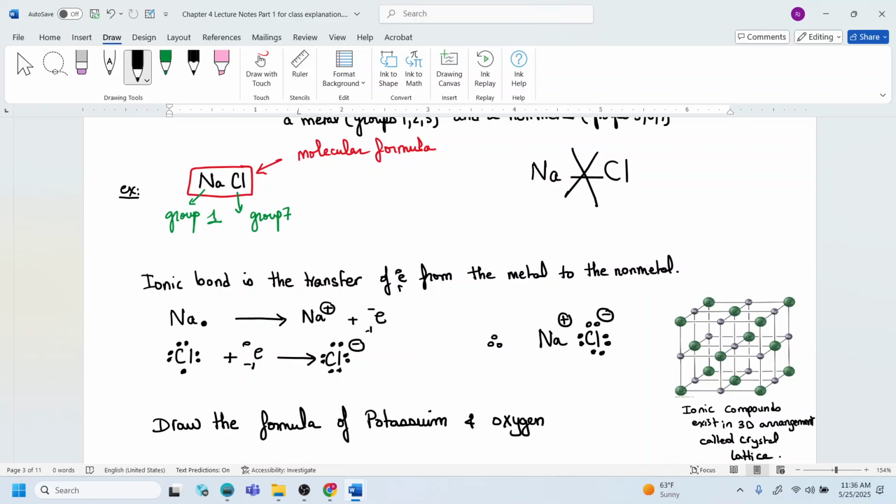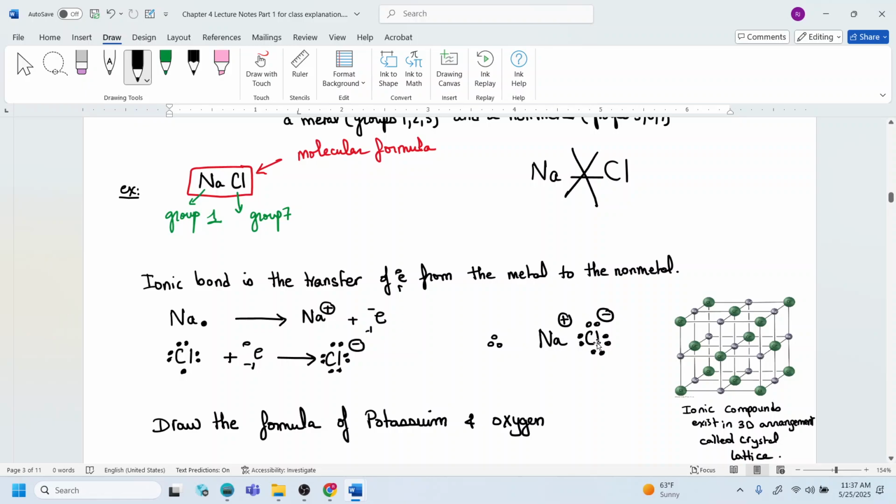Never do this. An ionic bond is an electrostatic interaction that involves a transfer of electrons from the metal to the non-metal, because the non-metal will need those electrons. The metal will have those electrons, so it's going to give them to the non-metal, and they both are going to have the electrons.